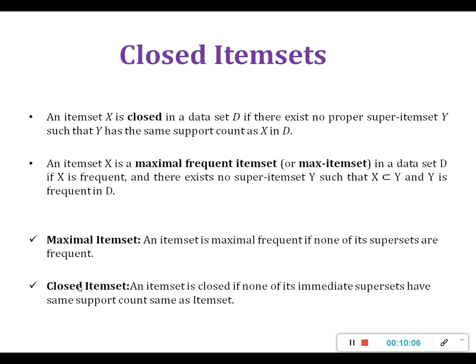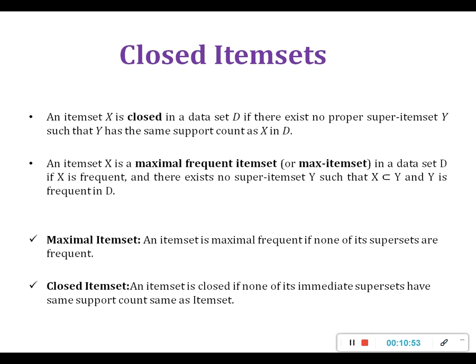And when is it called closed? An itemset is closed if none of its immediate supersets have the same support count as the itemset. For example, AB has three supersets: ABC, ABD and ABE. If none of these three sets has the same support count as AB, then we can say that AB is a closed itemset.